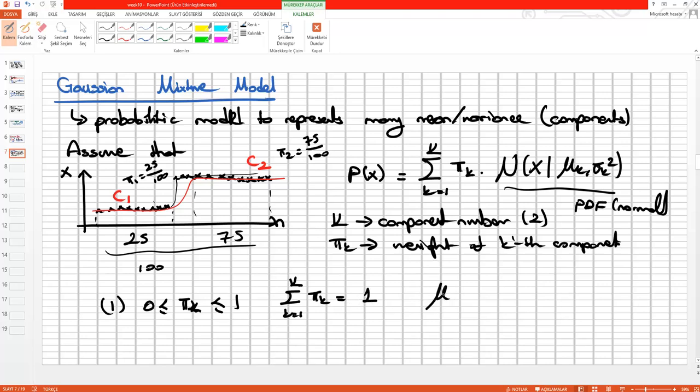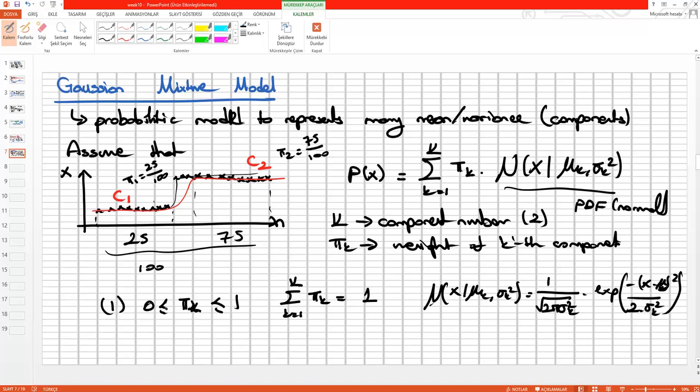And also N of x given mu k, variance k, is equal to 1 divided by square root of 2 pi sigma square k, times exponential of minus (x minus mu k) square divided by 2 times sigma square k, right? This is the normal distribution for the k.